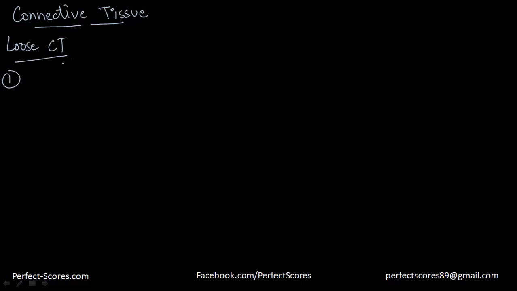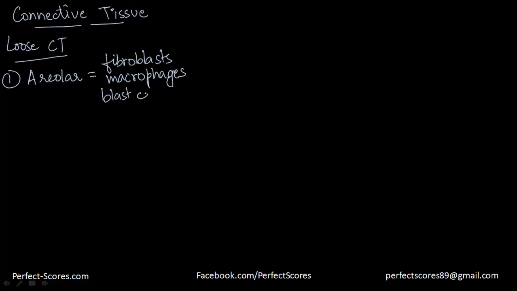The first one is areolar. Now, areolar tissue is present beneath the skin and it is comprised of three main elements, that is fibroblasts, macrophages, and cells that are known as blast cells. So their main function is to give support.